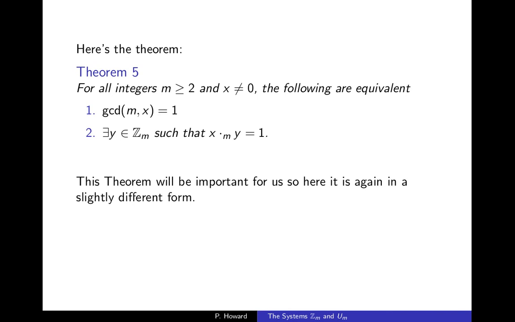So I want to say it in a slightly different form, using sets. I'm simply going to say that the set of x's for which number 1 is true is the same as the set of x's for which number 2 is true.